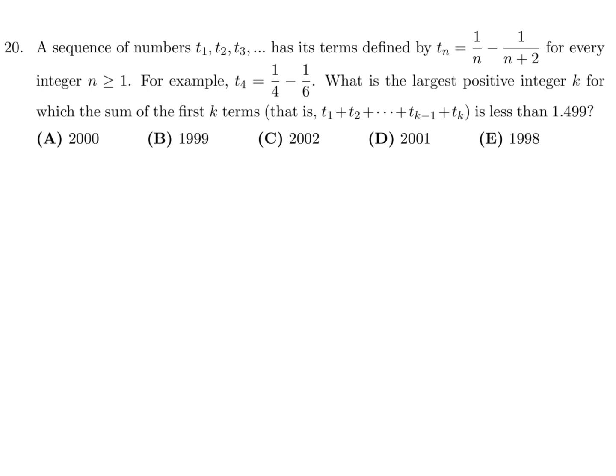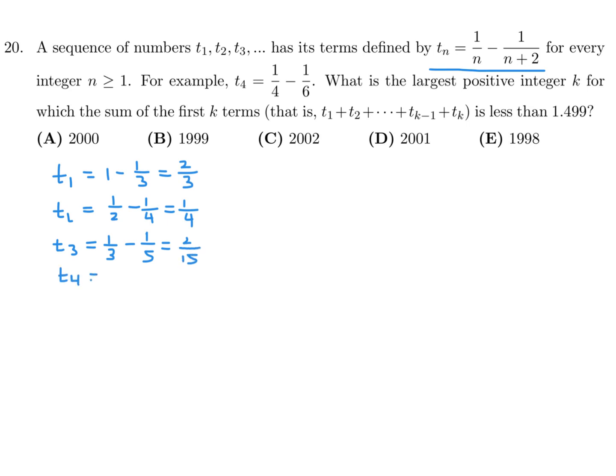All right, so I guess this formula will be very important. Let's first figure out a few of these. T1 would be 1 minus a third, which is 2 over 3. T2 would be 1/2 minus a quarter, which is 1 over 4. T3 would be 1 over 3 minus 1 over 5, which is 2 over 15.